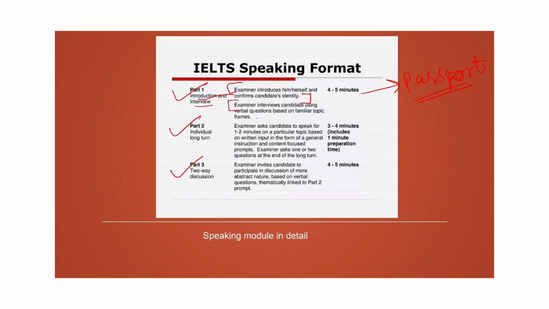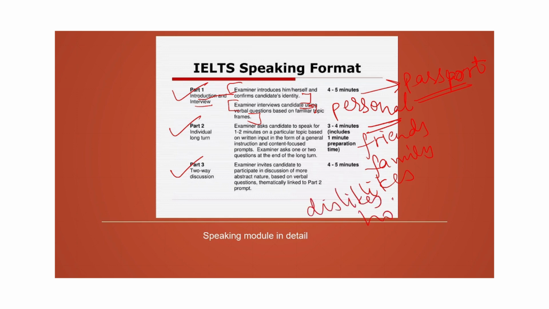Then the examiner will ask a couple of personal questions, maybe related to a student's friends, family, likes, dislikes, hobbies, and so on.